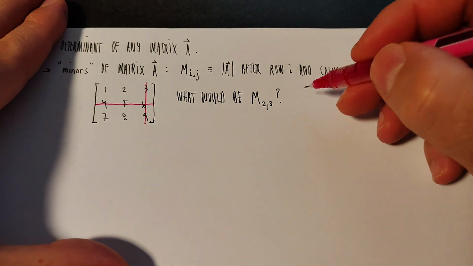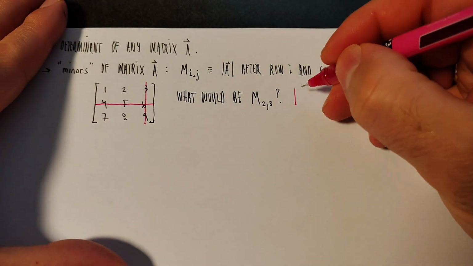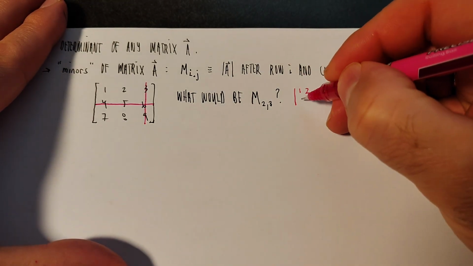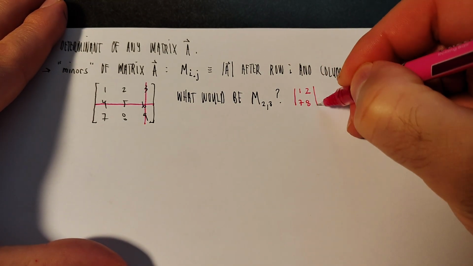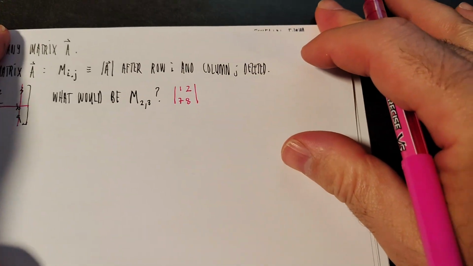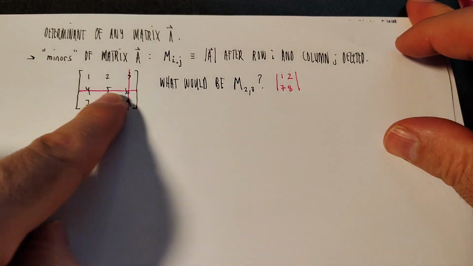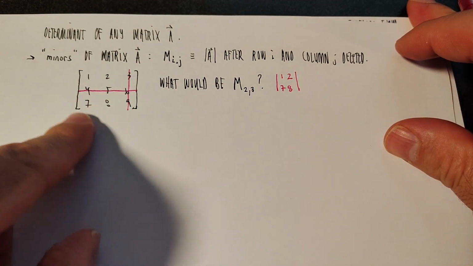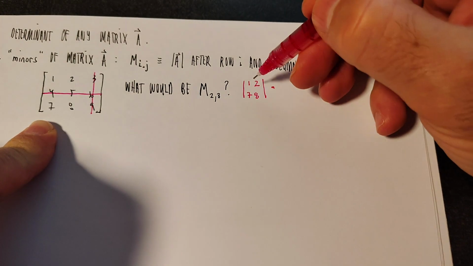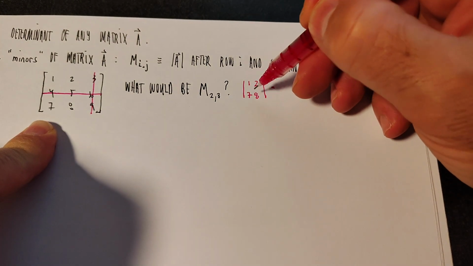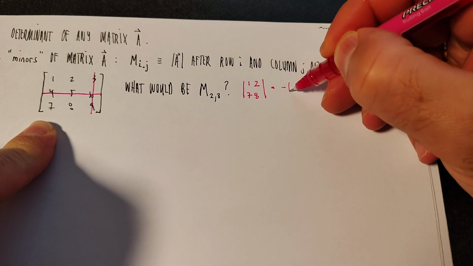So what's the determinant of this matrix here? 1, 2, 7, 8, right? Because that's what's left over. We deleted that row and we deleted that column. So what's left over is this becomes 8 minus 14 or negative 6, right?